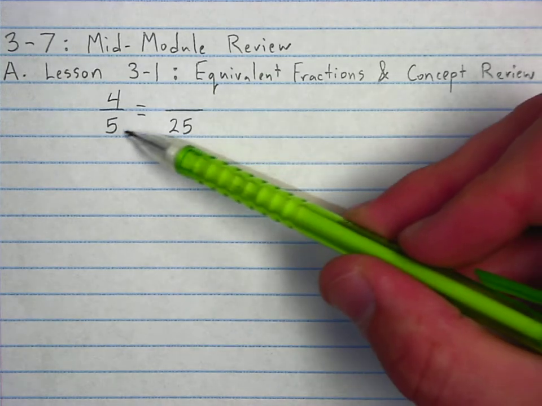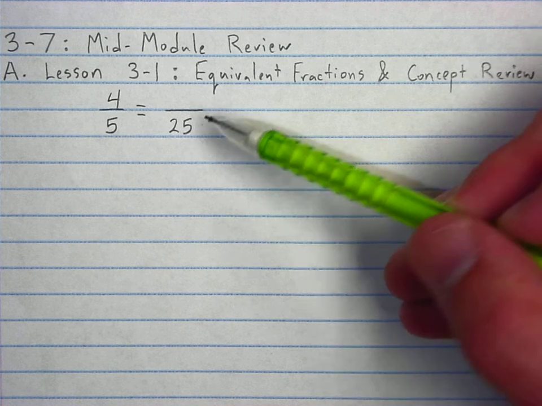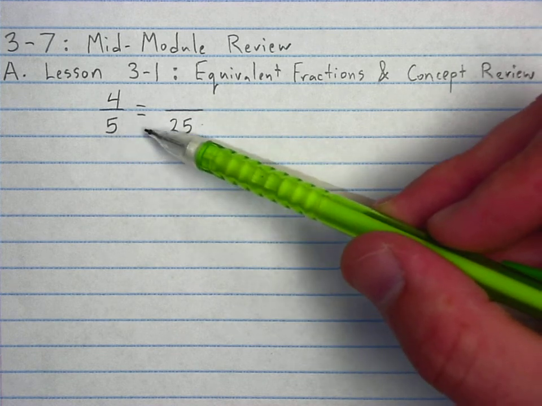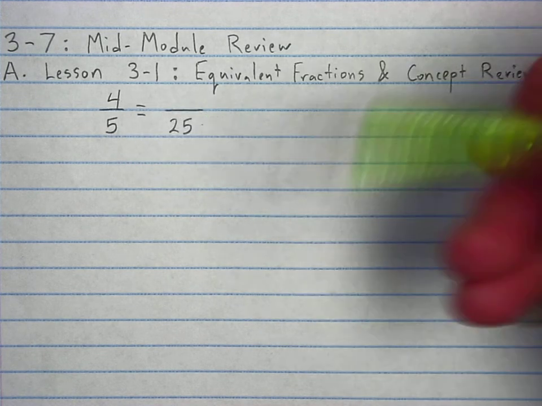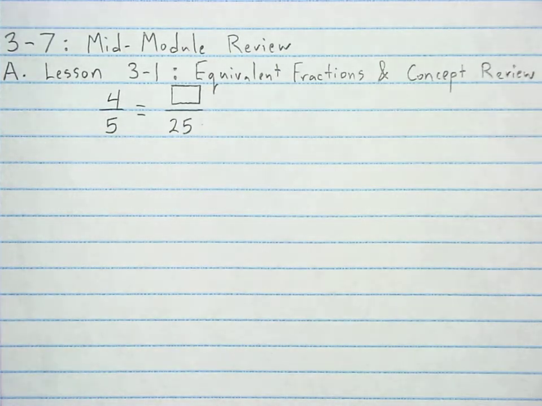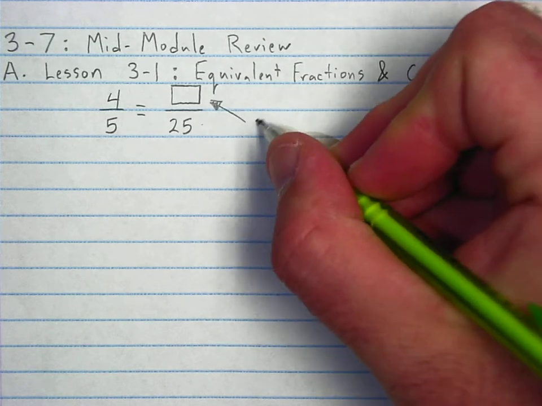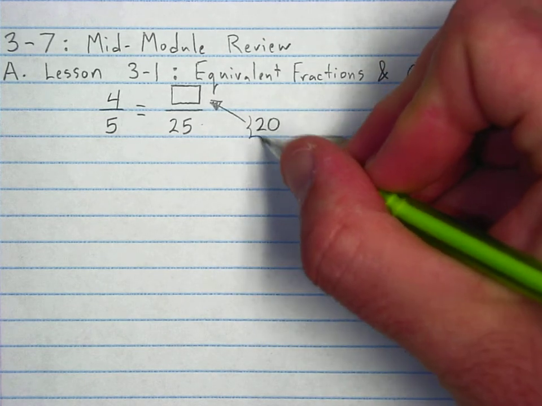Then you need to be able to look at this and say, well, 5 times what equals 25? 5 times 5. Okay. Then 4 times 5 will give me the answer. The answer will be 20.